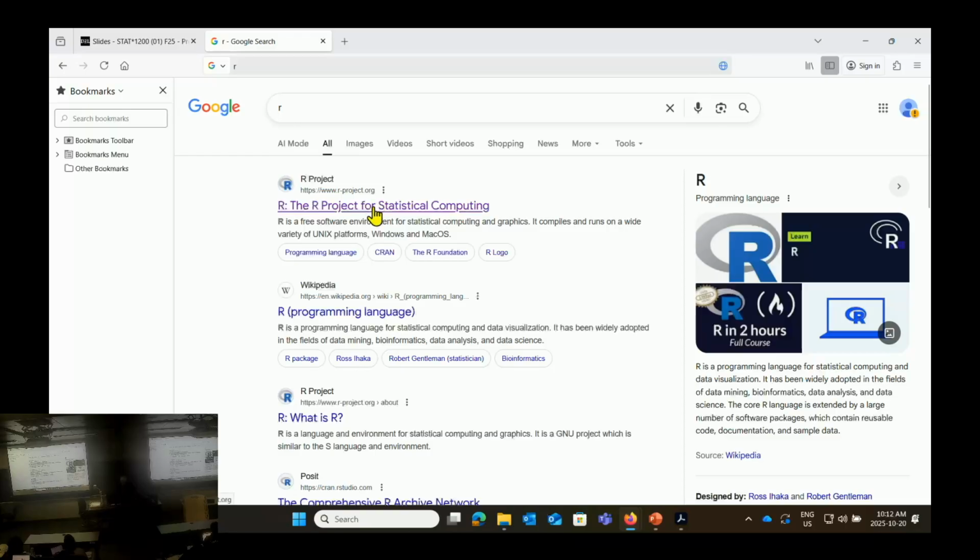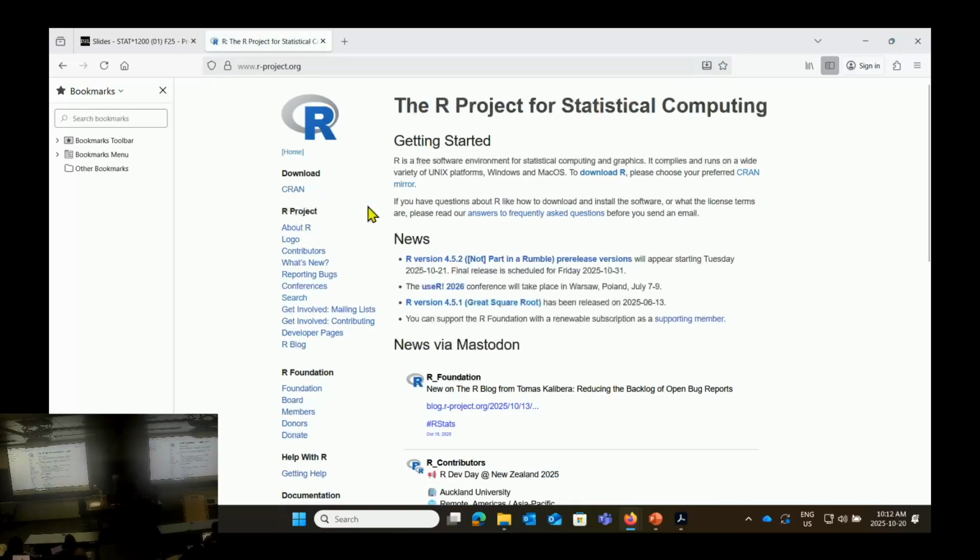Anyhow, if we go to the R project for statistical computing, this is an enormous website, okay? And what I encourage you to do is never get intimidated by really large websites, really large amounts of information.